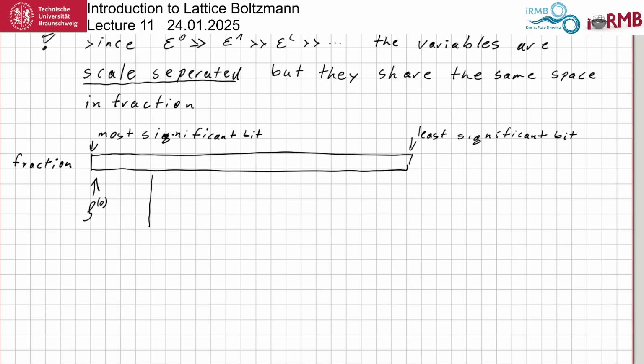For example, the velocity u to first order will be located here, and likewise the pressure, which is the second order, but also the stress part, dx ux to first order.